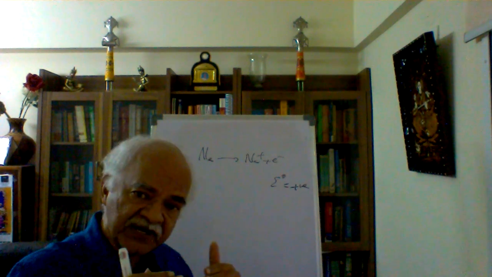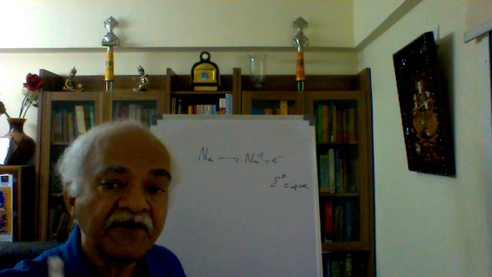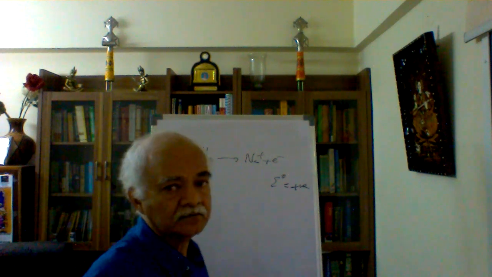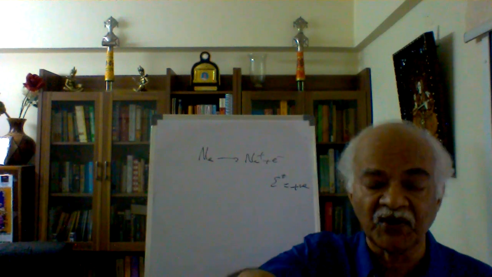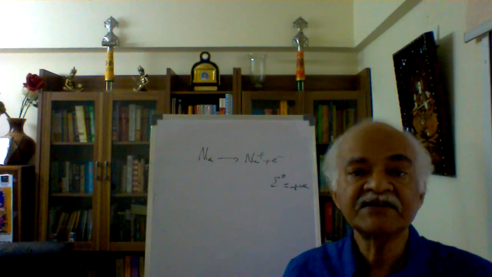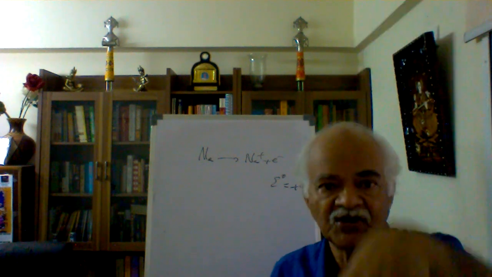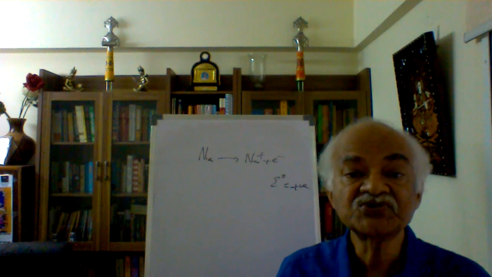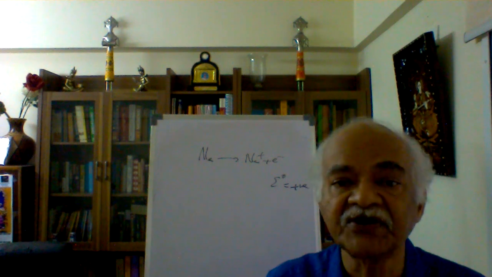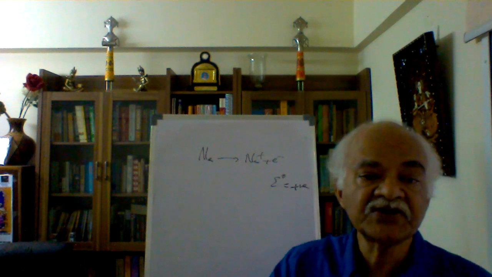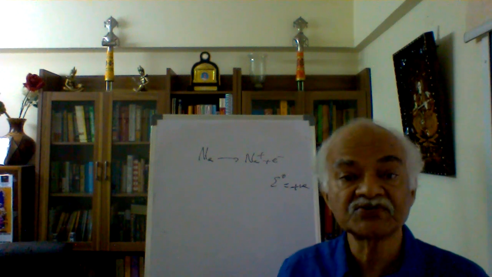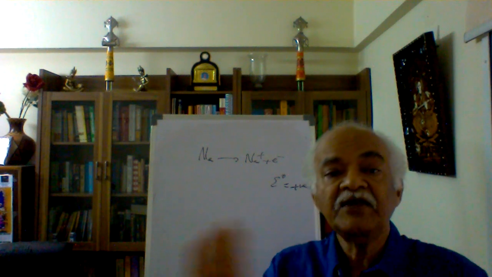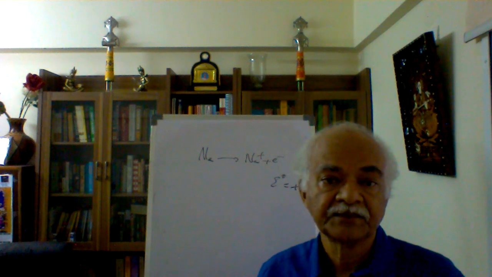That is a natural gradient for electron to move away from sodium. In other words, if I give you a solution containing sodium ions, and imagine I am adding electrons by some means to that container, I don't think sodium ions will take electrons at all. That is, there is no question of sodium ion accepting electrons on its own. Spontaneously, that process will not take place.